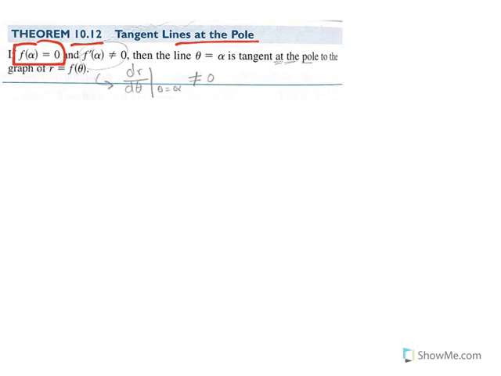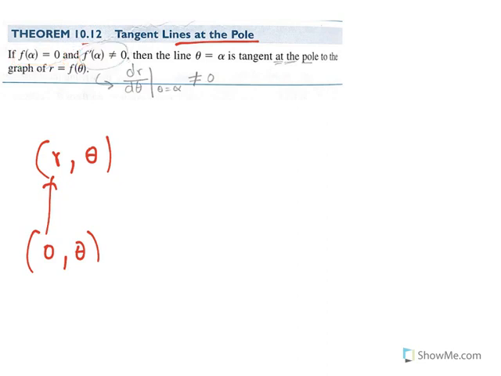If f of alpha is equal to 0, in other words, the r value in your polar coordinates is equal to 0, which means you have a point at the pole, and f prime of alpha is not equal to 0, and the reason why we need that, you can see from the derivation that we did, that we canceled the non-zero common factor of f prime of alpha to simplify our result.